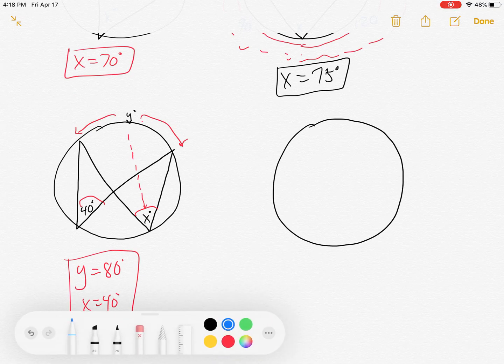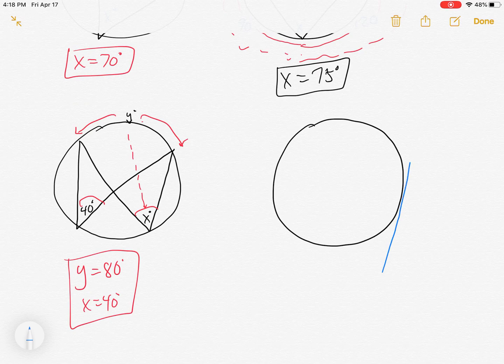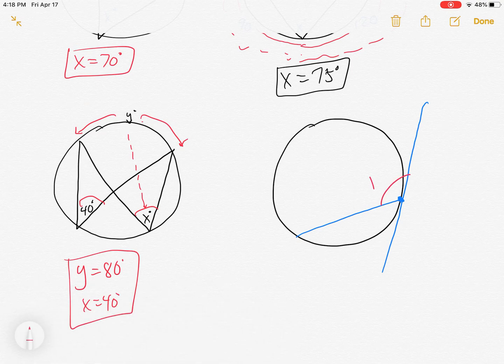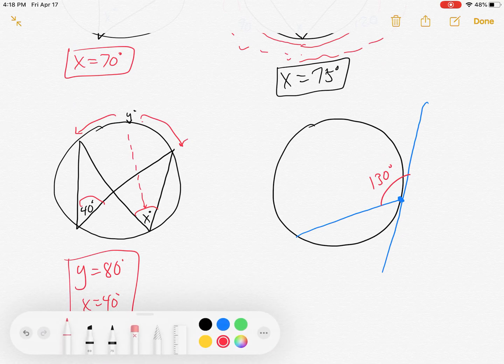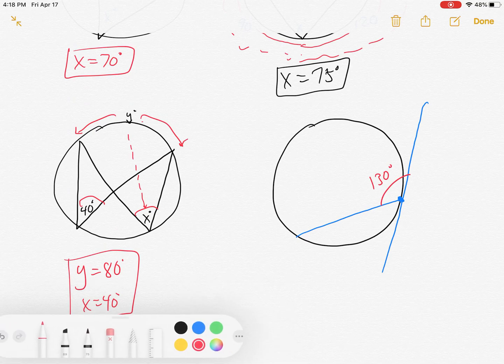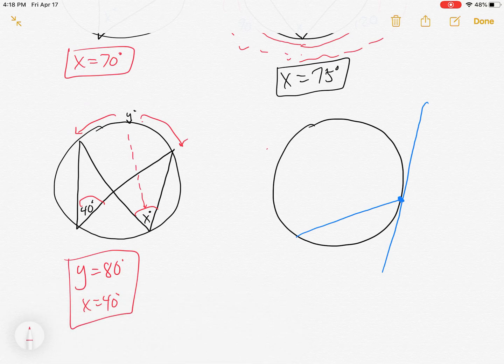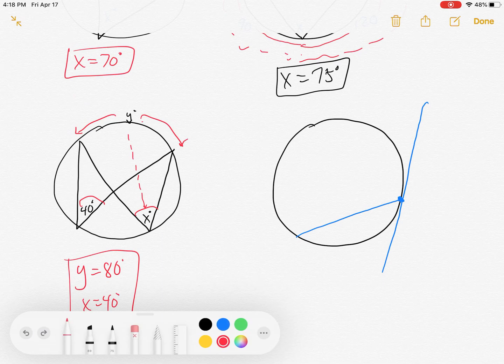Okay, last one for 12.3 is this. We have a circle, we have a tangent line. Okay, so that is tangent, we'll say. This line and this angle here is given as 130 degrees. Oh, no. It's not given as 130. Mistake.